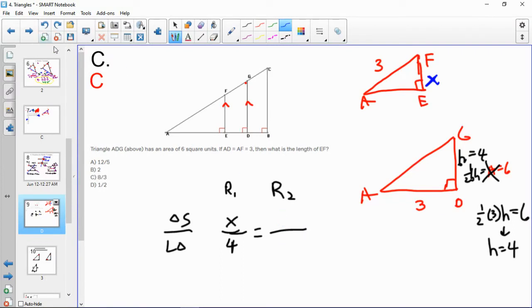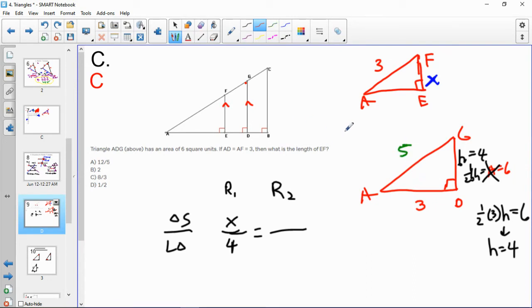For you to put numbers into a proportion, the sides need to be corresponding. So my job now is actually just to find the hypotenuse, which if you're quick and you remember the previous lesson, one of my legs is 3, one of my legs is 4. So then that's a classic Pythagorean triple where the hypotenuse is going to be 5.